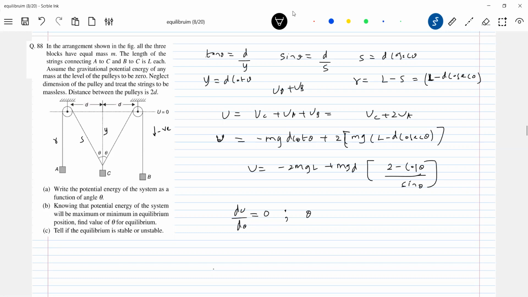Differentiate this and equate to 0. Check the value of theta. Check again d square u by d theta square. Is it greater than or less than 0? Nobody is there in class for very small basic differentiation I'm asking here, no?